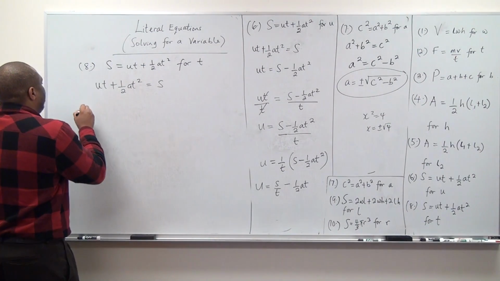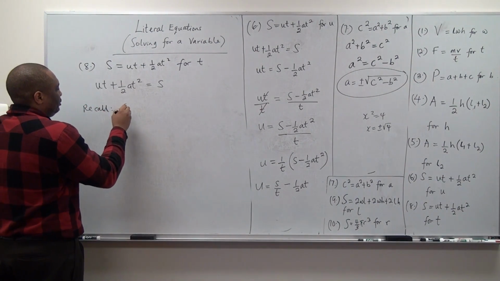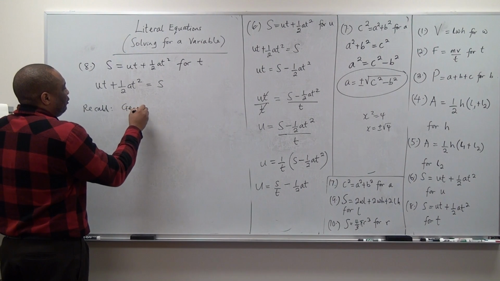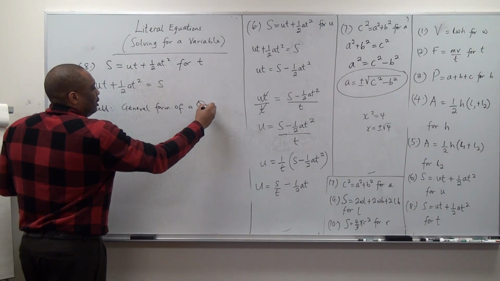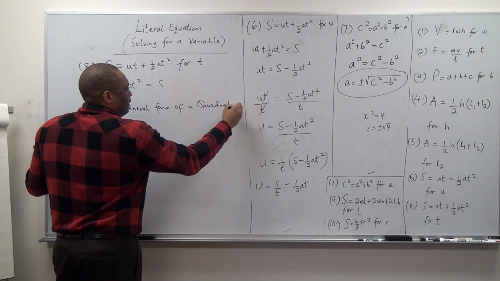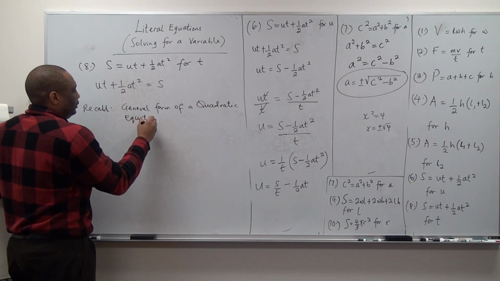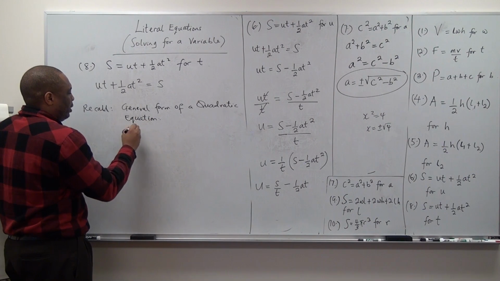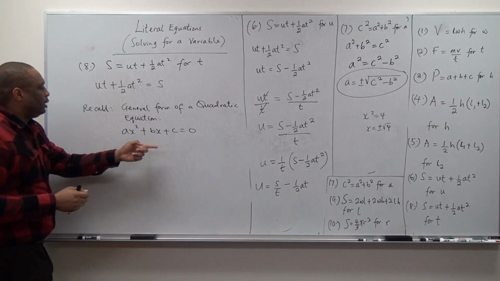Now, recall the general form of a quadratic equation: ax squared plus bx plus c equal to 0.